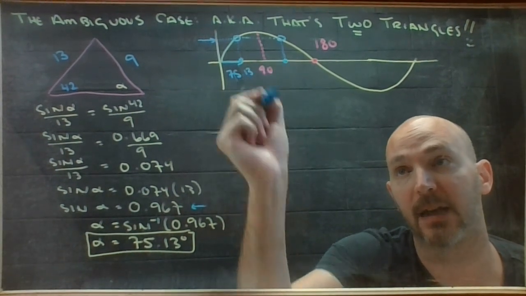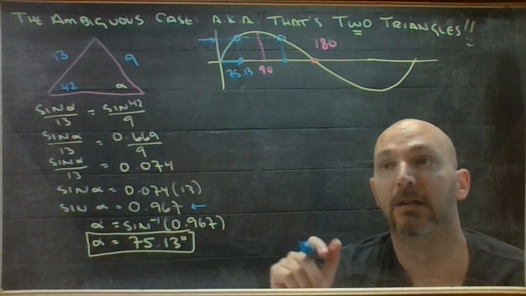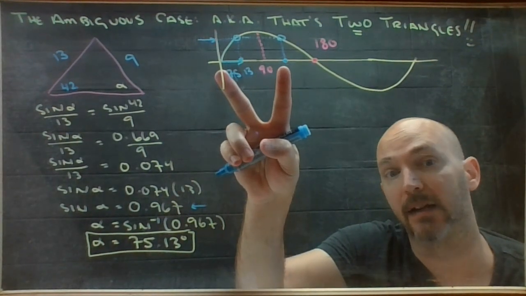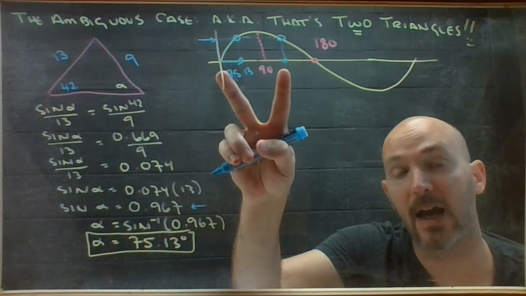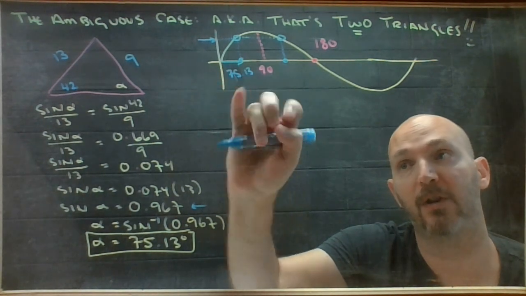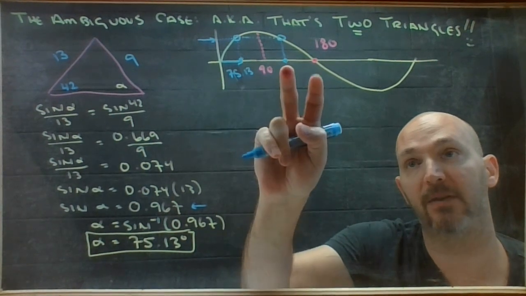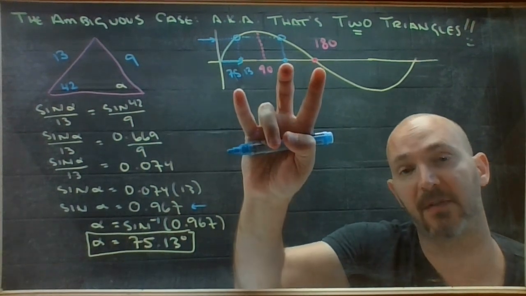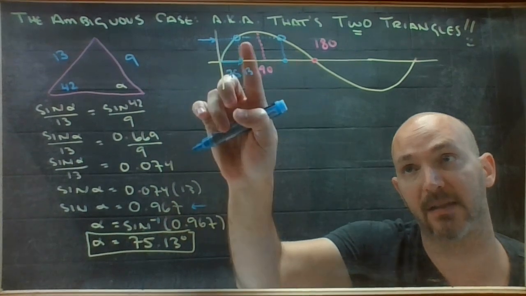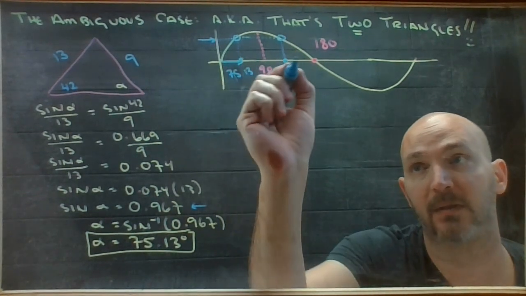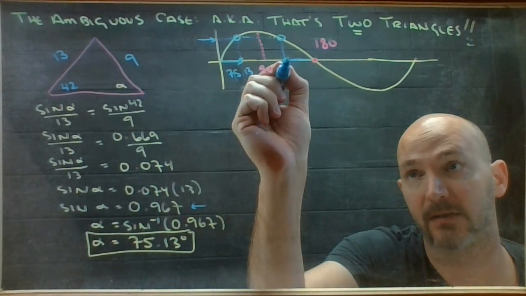I'm trying to get to that point here. I need this length. I don't have that length, but I do know that from here to here is 180, and from here to here has to be 75.13 because this shape is symmetrical. I'm just going to draw that in there.